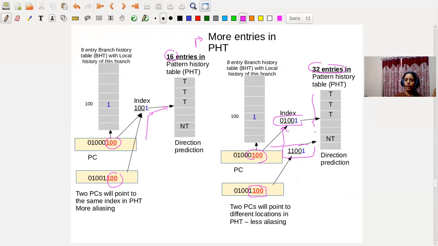The more number of entries in the PHT, the more number of bits you need to index, and therefore you will take those from the PC. And therefore, there is less chance of colliding if you have more entries in the pattern history table.